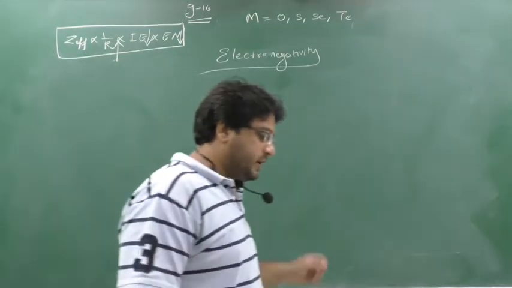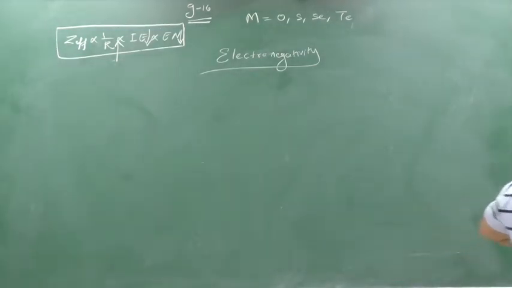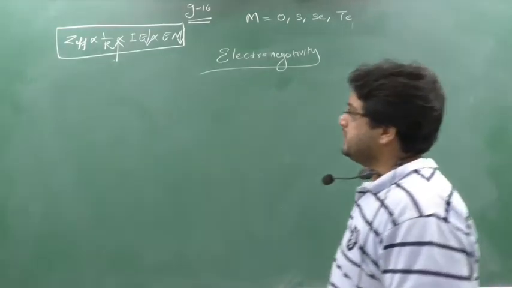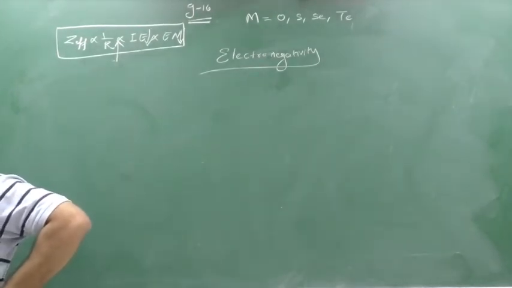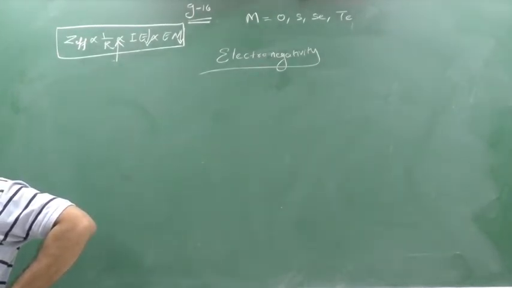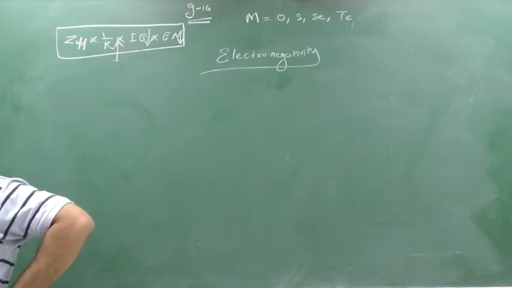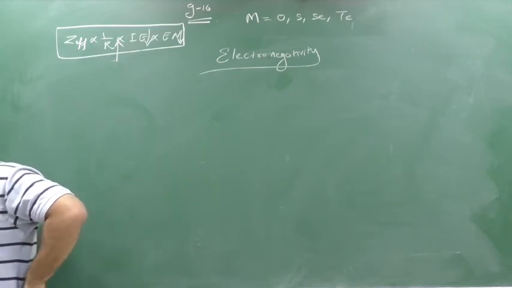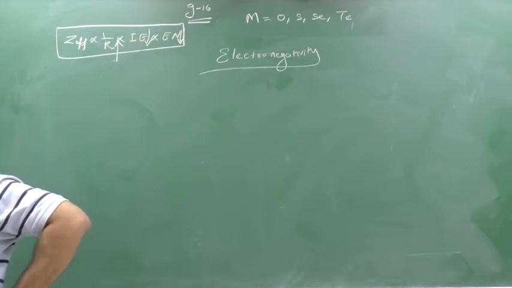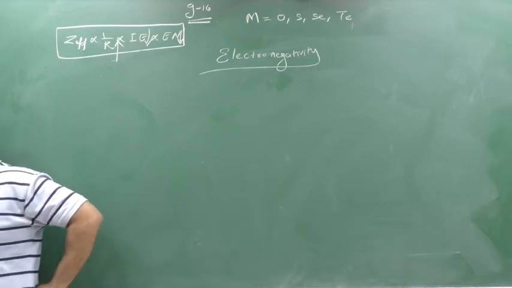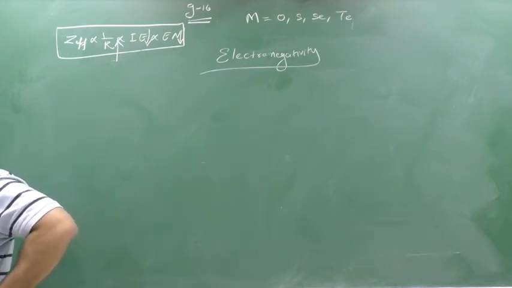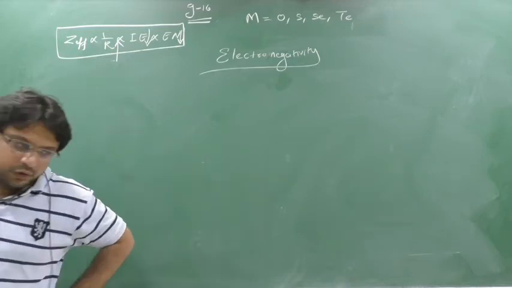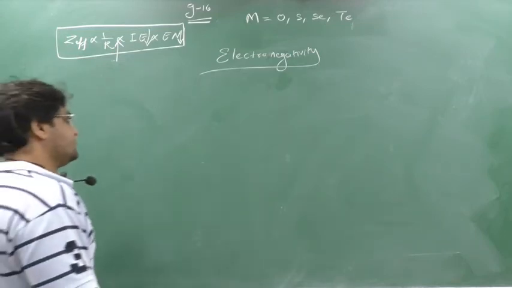So as we move downside the group, nucleus force decreases. Hence, ability of an atom to attract shared pair of electron decreases, due to which electronegativity decreases.